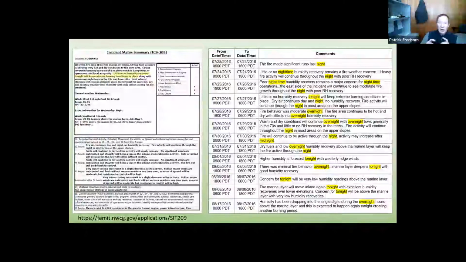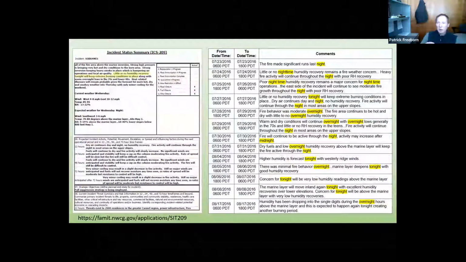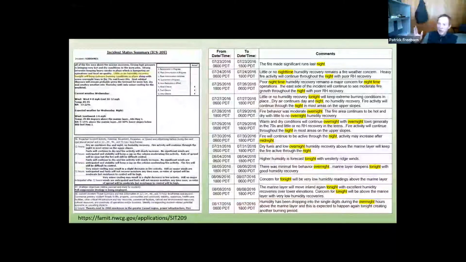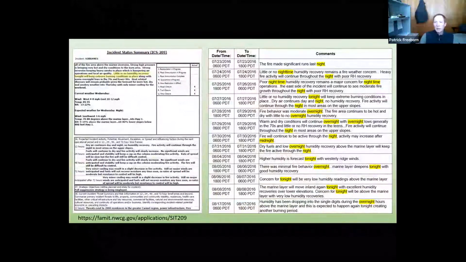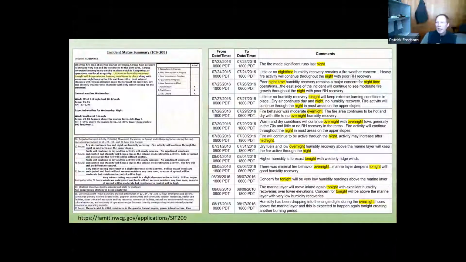So you can crack open those files and query and scour for keywords like night or nighttime or overnight, which is what I did here for the Soberanis fire. From that, you can compile a timeline of nighttime fire weather and fire behavior observations.